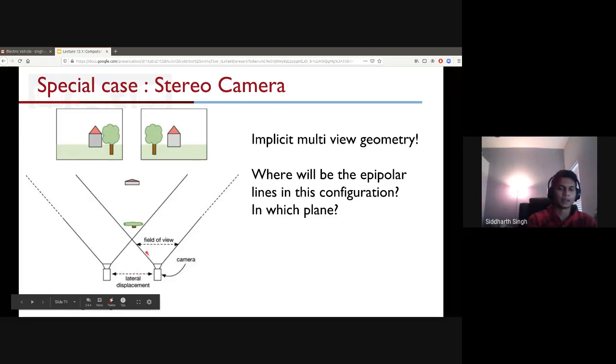I'm looking at a tree in front of a house, but I'm looking at it from two different views with a known lateral displacement. Can anyone tell me where will be the epipolar lines in this configuration, in which plane?